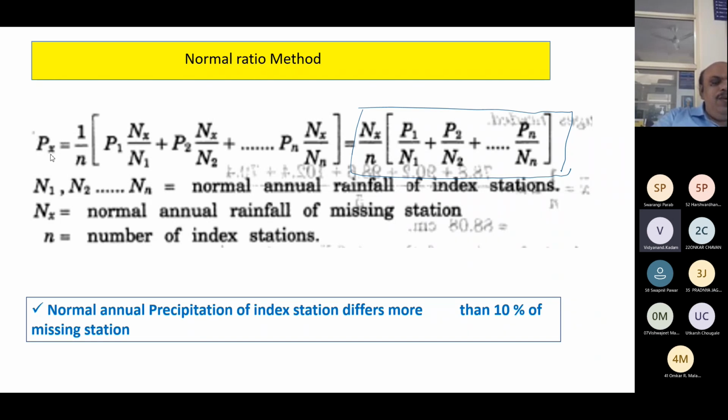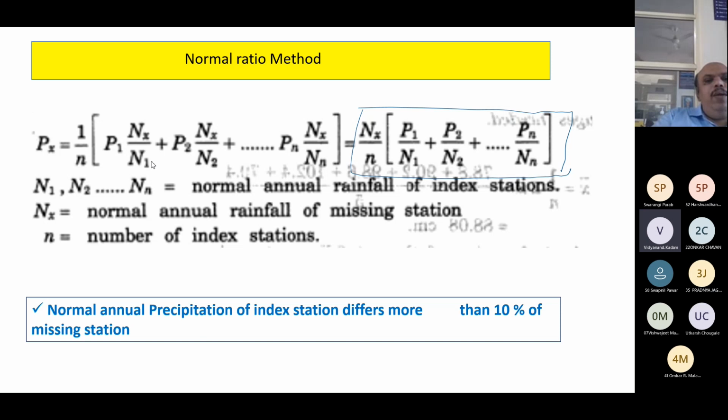So here, suppose at station X data is missing. So formula for normal ratio is Px is equal to 1 upon n into bracket P1 into nx upon n1 plus P2 into nx upon n2 plus up to Pn nx upon nn.